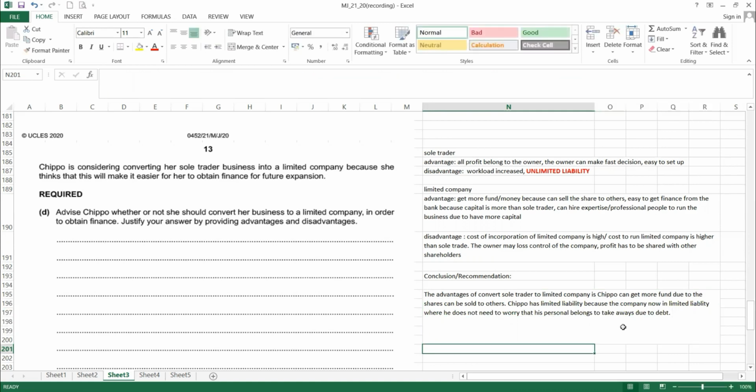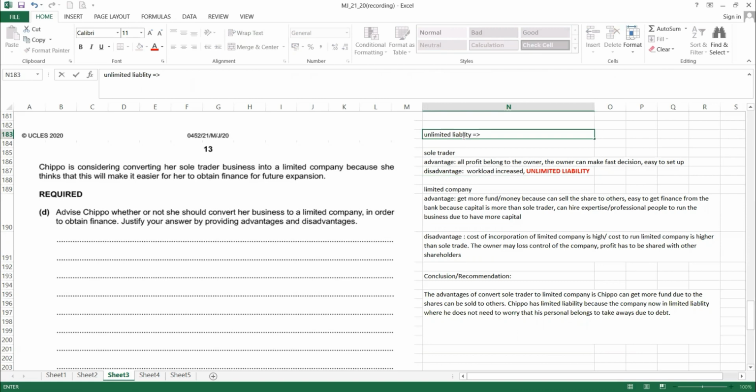This is trying to tell you that the problem of unlimited liability is that the owner's personal belongings can be taken to pay off all the debt when the business owes money to outsiders.